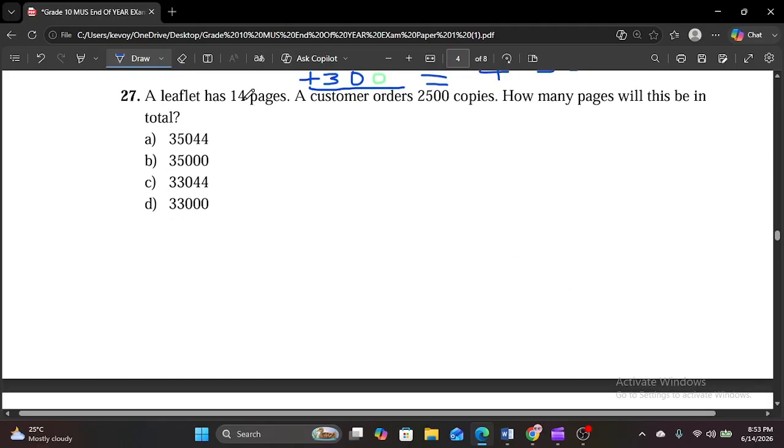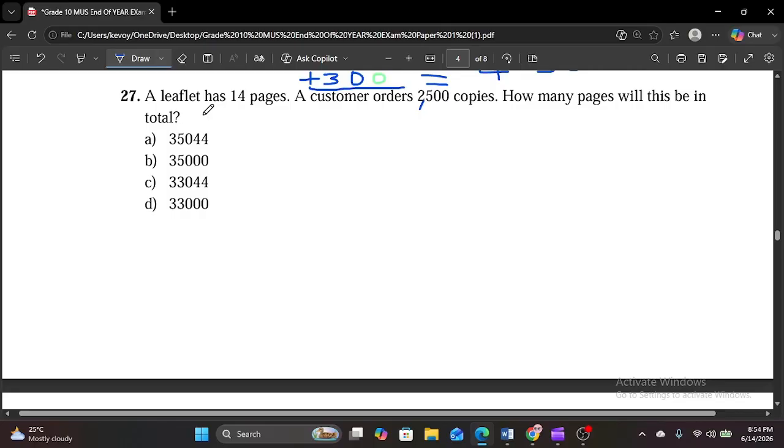A leaflet has 14 pages. A customer orders 2,500 copies. How many pages will be in this total? All right, so we're just dividing. So hold on. So a leaflet has 14 pages. A customer orders 2,500 copies. How many pages will be in this total?